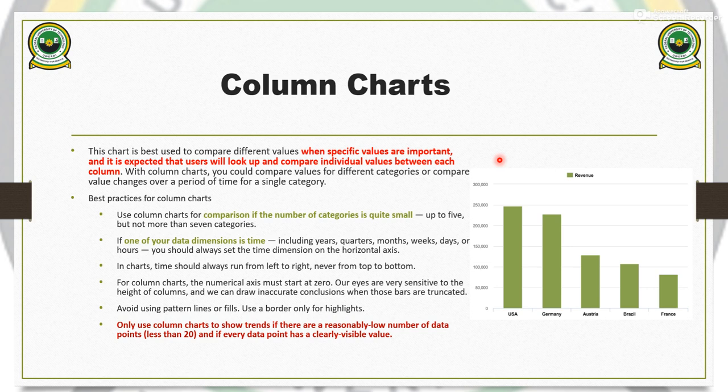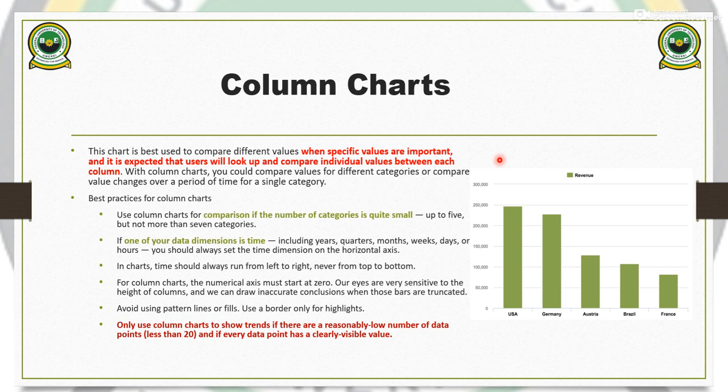Column charts come in handy if one of your data dimensions is time, including years, quarters, months, weeks, days, or hours. You should always set the time dimension on the horizontal axis. In line charts, time should always run from left to right and not from bottom to top or top to bottom.